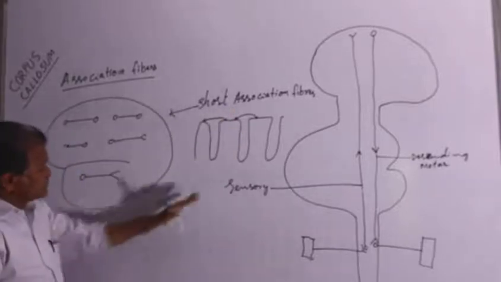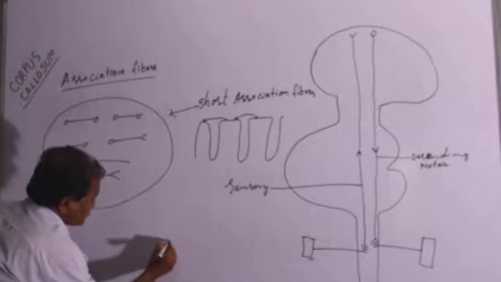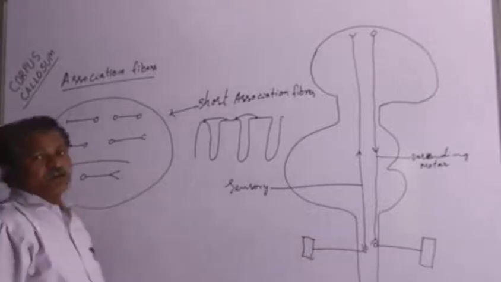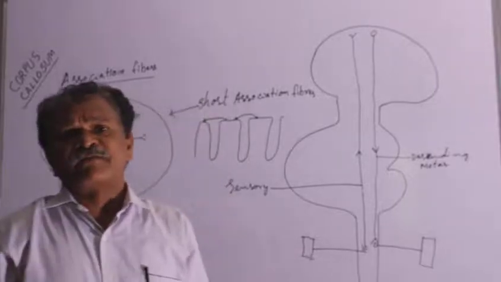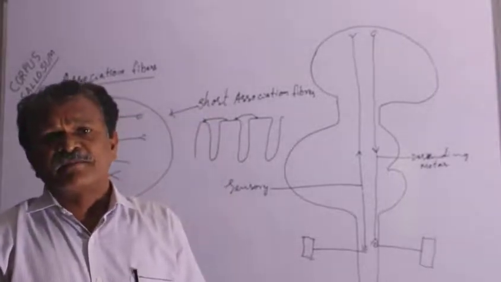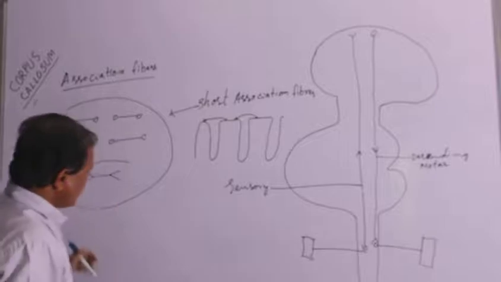The long association fibers connect the lobes of the cerebral hemisphere.